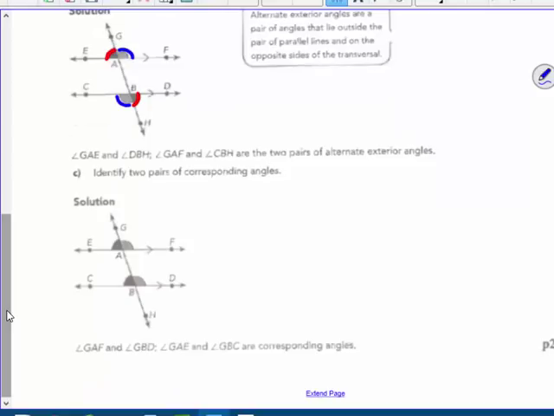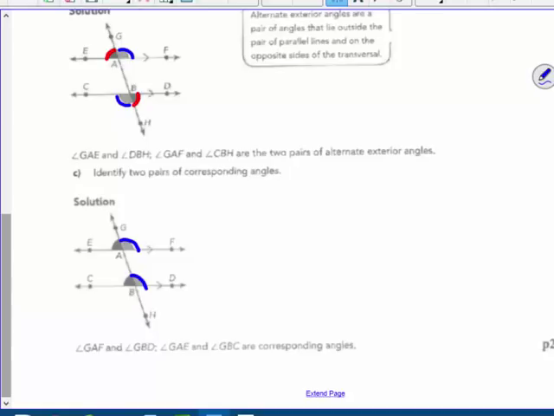Letter C. Identify 2 pairs of corresponding angles. There's actually 4 of them, but it just says 2. So matching positions. Angle GAF, right and above, and angle GBD are in matching positions, right and above. They are corresponding.